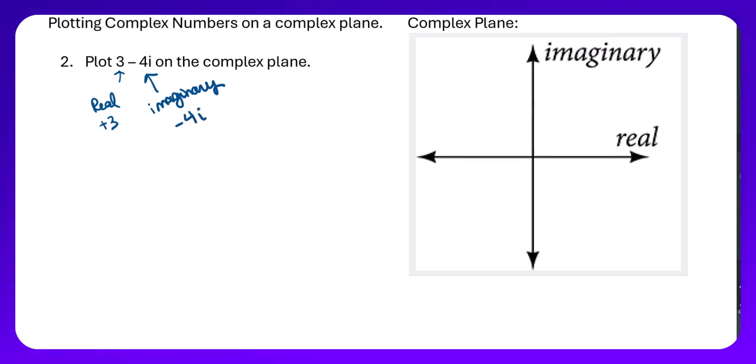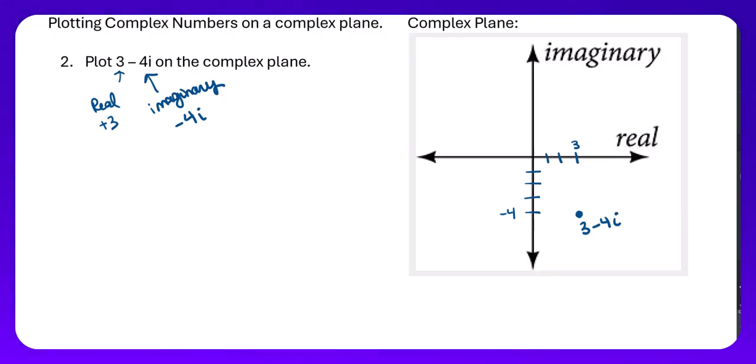So we are going to go positive 3 in the real numbers, right? There's where my positive 3 is at. And then you're used to plotting coordinate points, and now just the vertical is the imaginary. So anything on the vertical stands for the imaginary piece. So a negative 4, 1, 2, 3, 4 is here. And this point right here stands for 3 minus 4i.